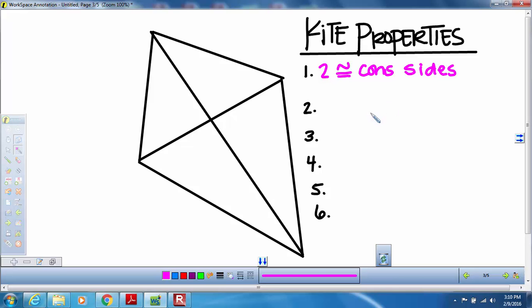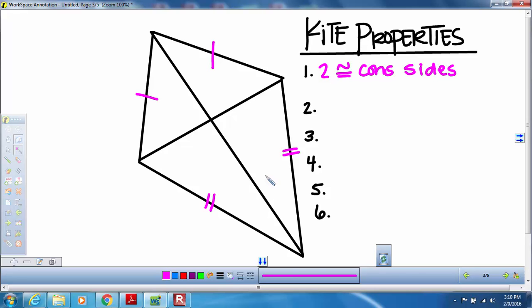And so let me label the picture. That means that this side and this side are congruent, and this side and this side are congruent. You can obviously, looking at the kite, see that this side and this side aren't congruent, but these actually look like they are.